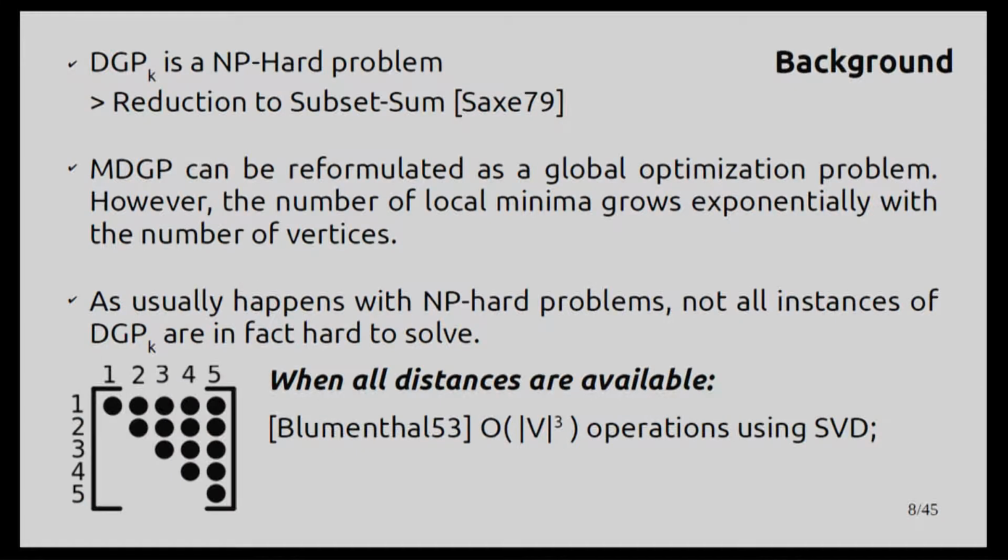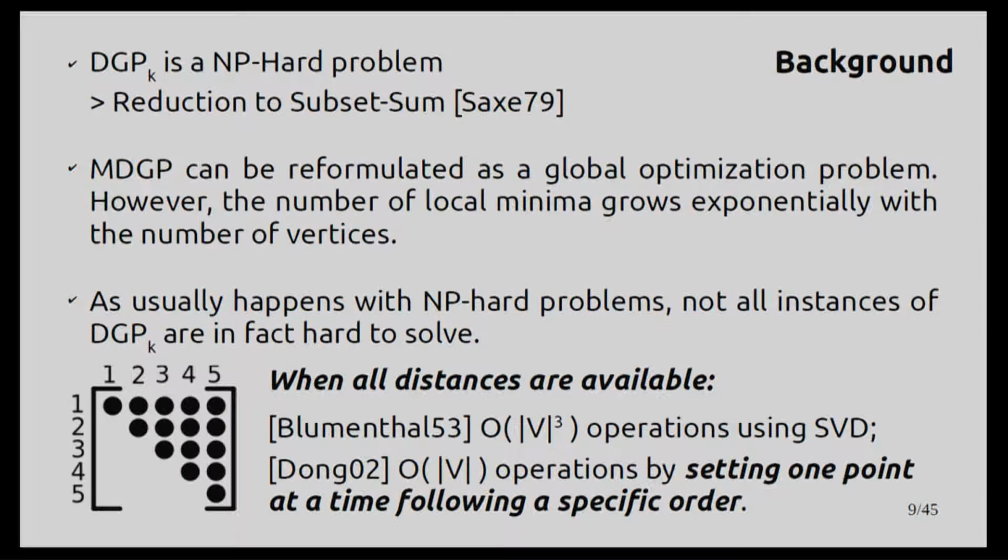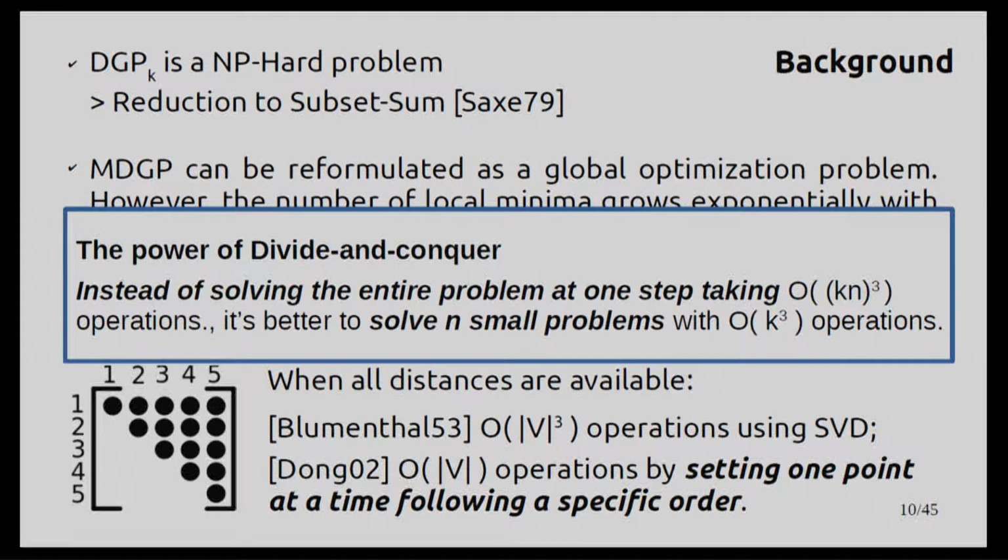As usual, the fact that the problem is NP-hard doesn't mean that all instances will be hard to solve. In fact, if we know all the information, we can solve it in polynomial time. And if we assume a certain order, we can even reduce the number of operations. For instance, Dong and Wu have presented an algorithm that solves the same problem using much less information. What is behind this is what I call the power of divide and conquer.